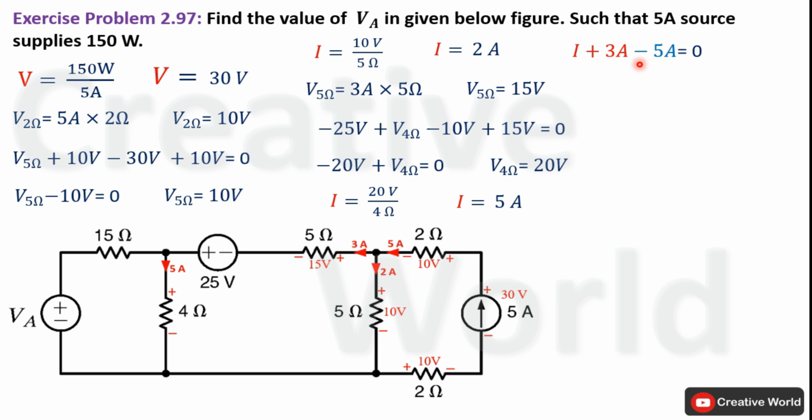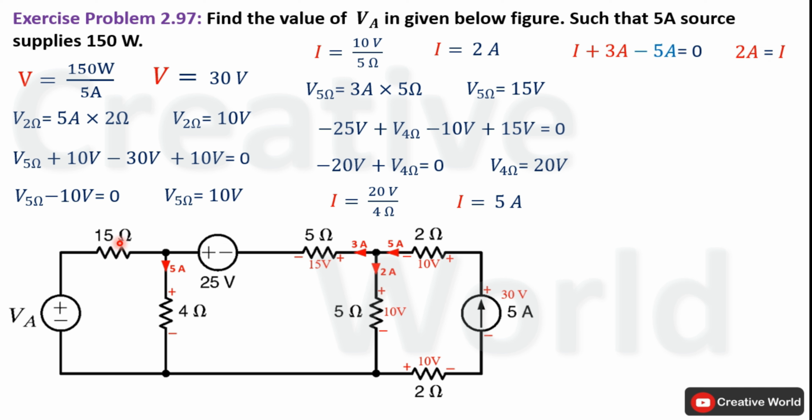Subtract 3 ampere from 5 ampere, it will become minus 2 ampere because larger value have minus sign along with it. And place that minus 2 ampere on the other hand side of equal to calculate the value of current I, that will become 2 ampere. So 2 ampere current will be entering towards this node from this branch.